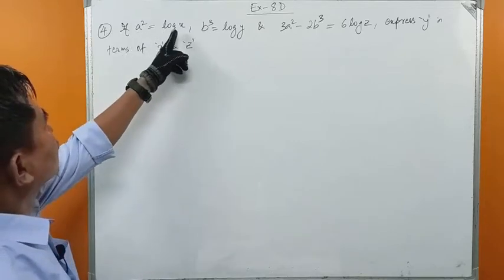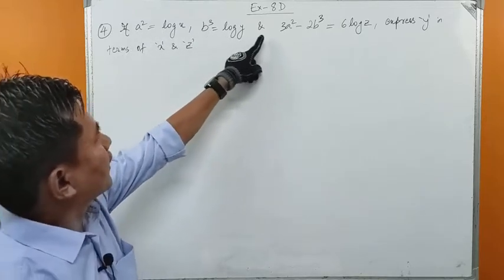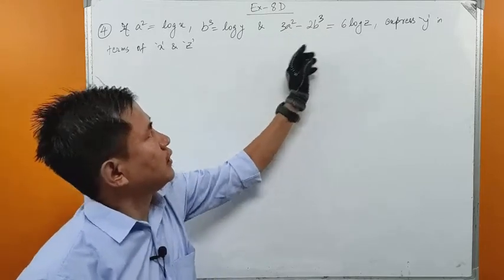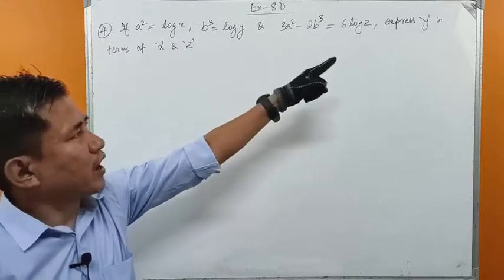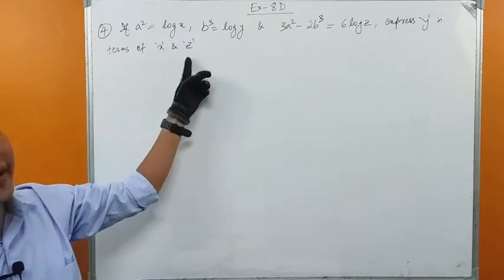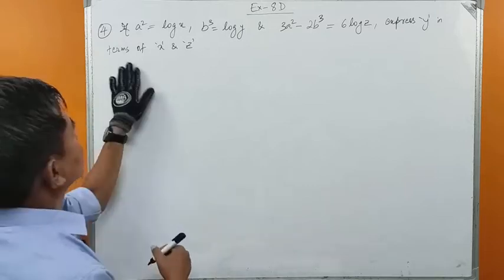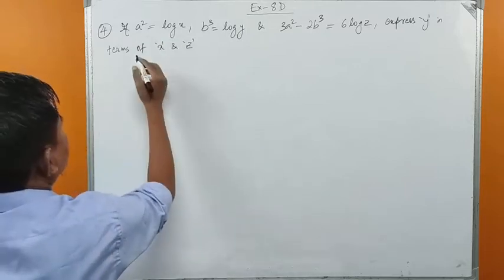If a squared equals log x, b cubed equals log y, and 3a squared minus 2b cubed equals 6 log z. These are the given conditions. We are asked to express y in terms of x and z. So let us write these given conditions.